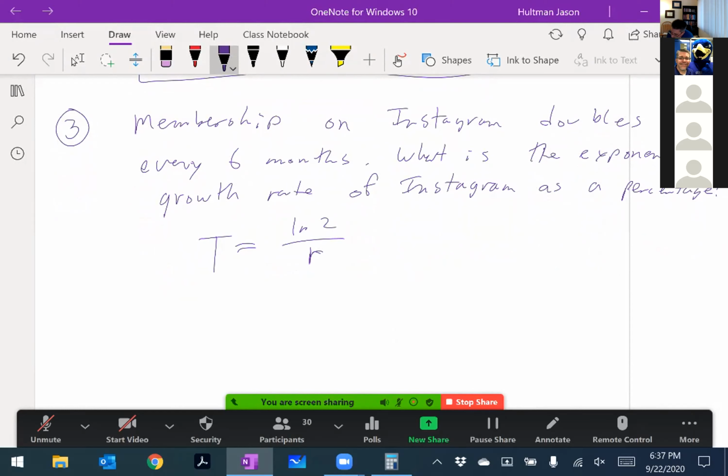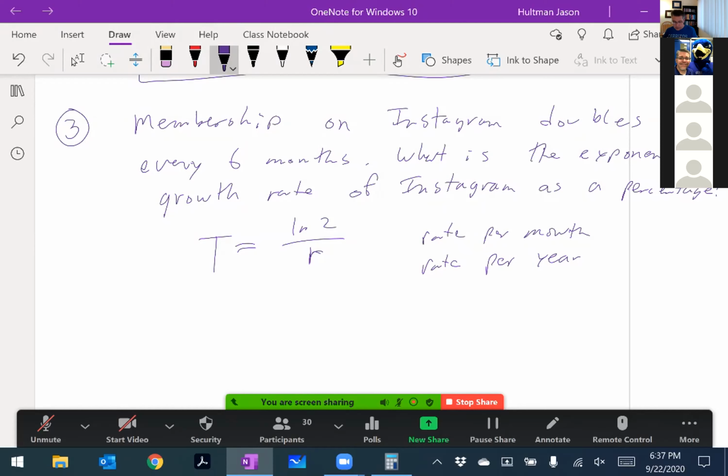So we have to ask ourselves, do we want the rate per month, or do we want the rate per year? Do we want our monthly rate or our annual rate? I'm going to go with an annual rate on this one. It doubles every 6 months.